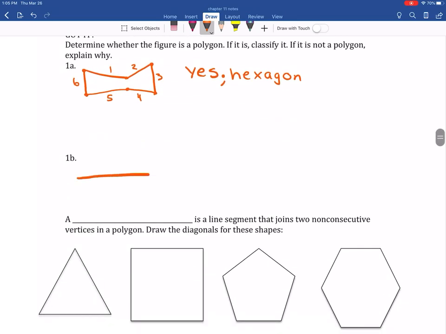The next one gives me a picture that looks like this. Now, I notice here I have one side, but I do have a curve. So even though it's a closed figure, this is not a polygon because it's curved. So I cannot classify it by its number of sides.